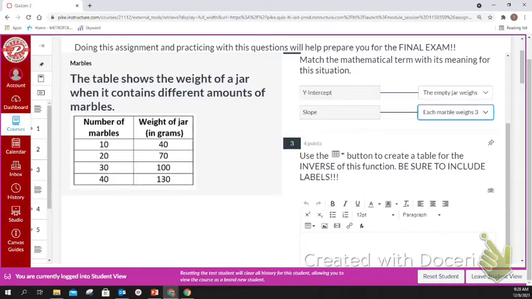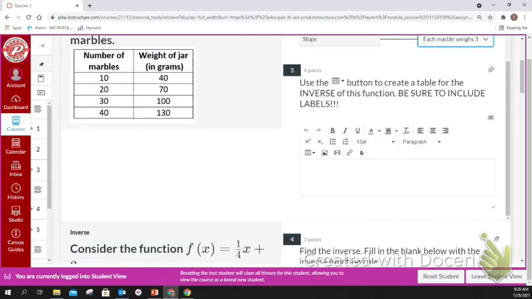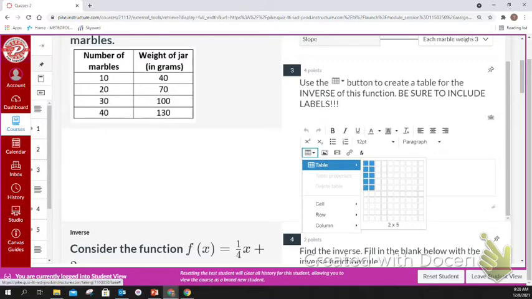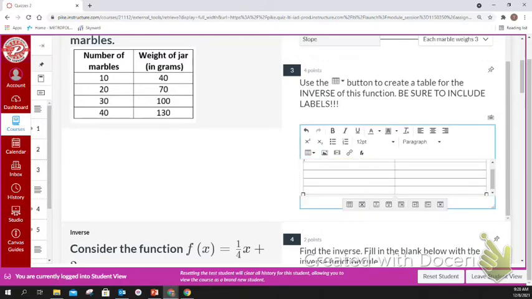For part 3, you're going to hit this table button, and we need to insert 2 columns and 5 rows. So hit that button so you can insert your table.